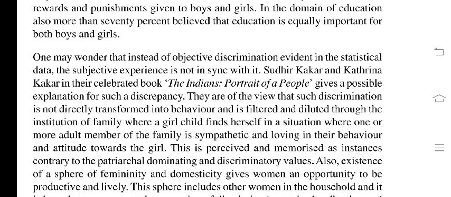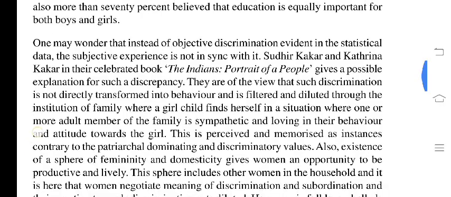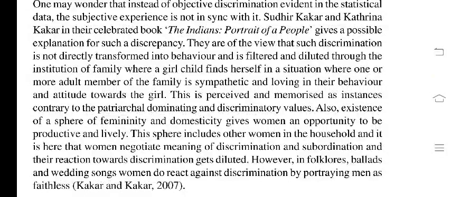They are of the view that such discrimination is not directly transformed into behavior and is filtered and diluted through the institution of family, where a girl child finds herself in a situation where one or more adult members of the family are sympathetic and loving in their behavior and attitude towards the girl. This is perceived and memorized as instances contrary to the patriarchal, dominating and discriminatory values.